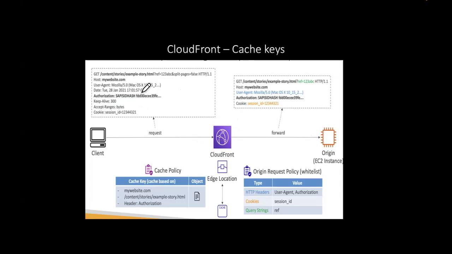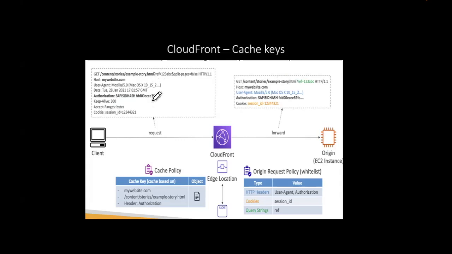But what parts of this request that came from the client need to be forwarded on to our origin? Do we include all of the headers, or only some of them, or none of them? Do we include all of the cookies? Do we include all of the query string options?